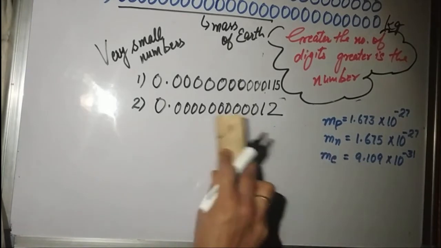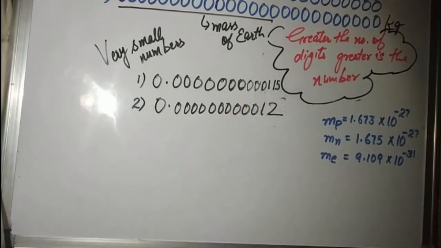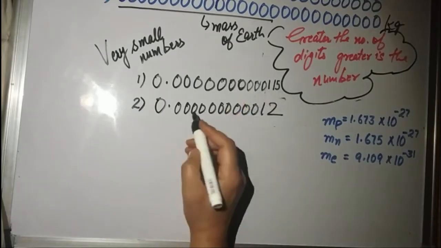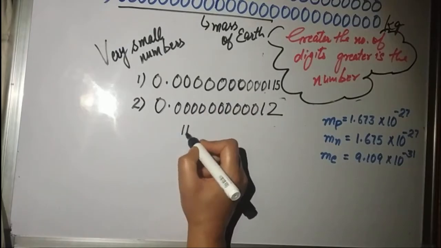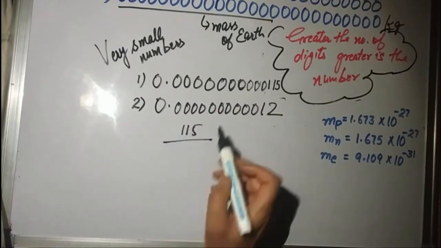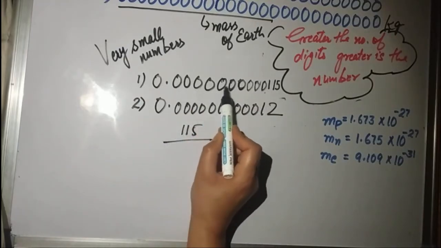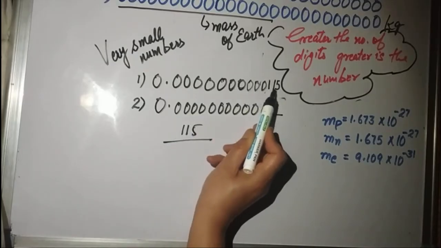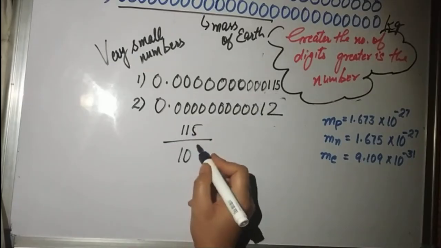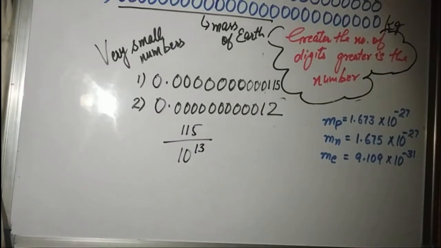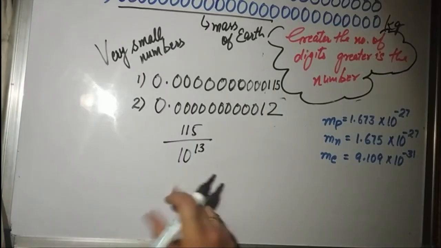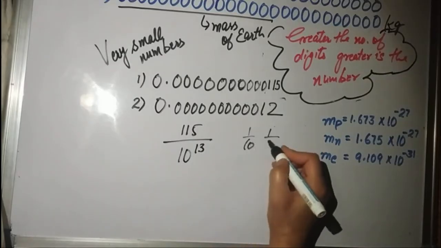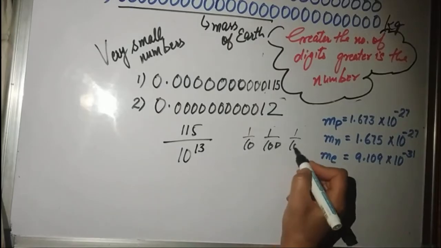But if they are very small like these, let's learn now. So this above number can be written as 115 over 10 raised to power 13. Okay, as we called 1 over 10 the 10th part, this is 100th, this is 1000th.